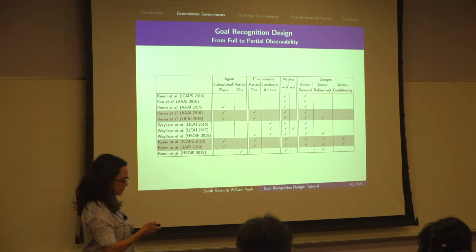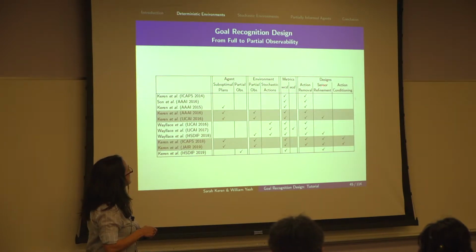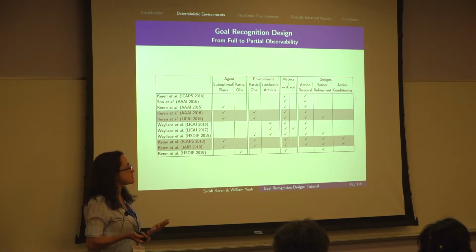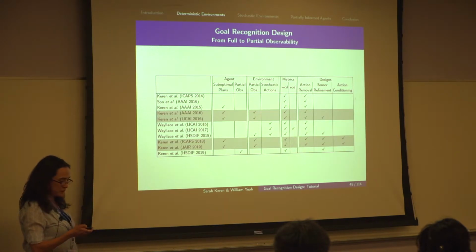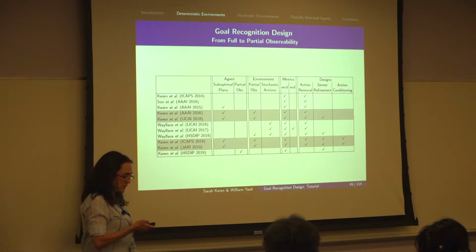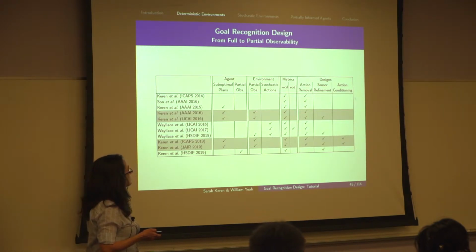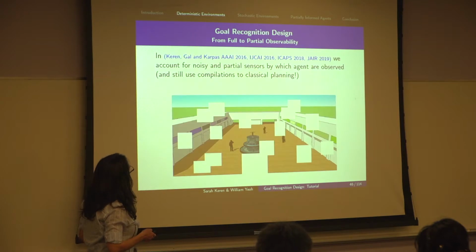We talked about action removal, where we remove actions from the model, but we also have sensors that we can place and action conditioning. So the following work that we did was to support partially informed recognizers, where we have partial sensors, right?